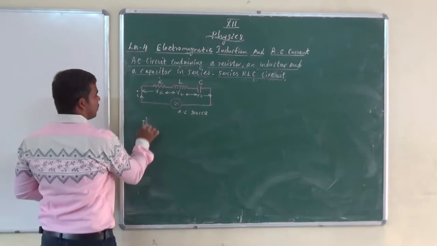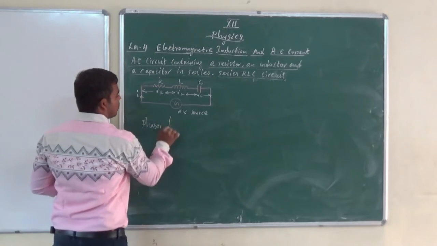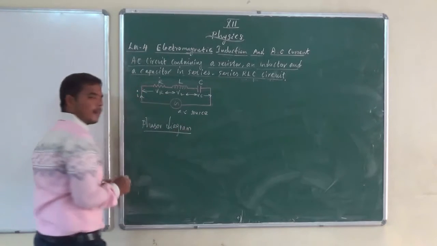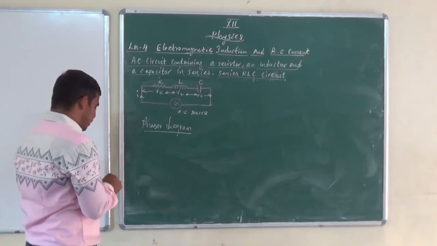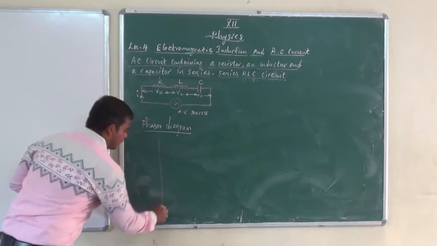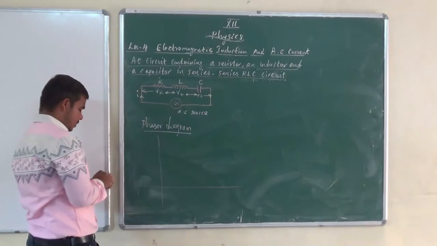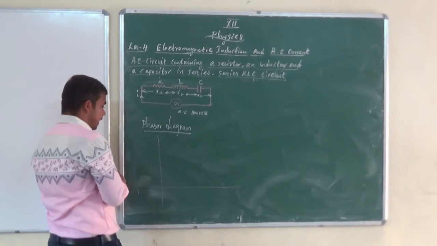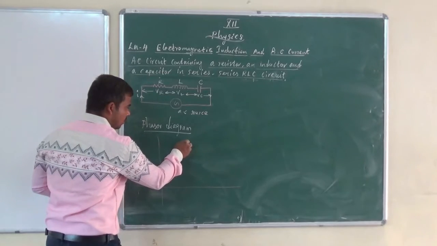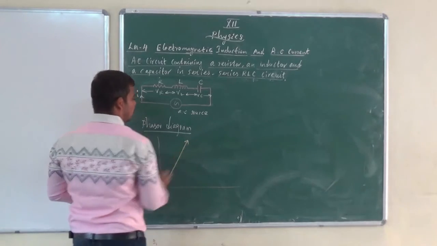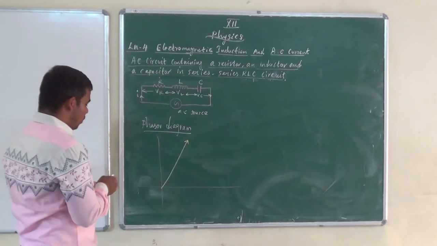Phasor diagram. So the phasor diagram is represented by x and y axes. Am I correct? And diagonal. And OA, OB, OC.